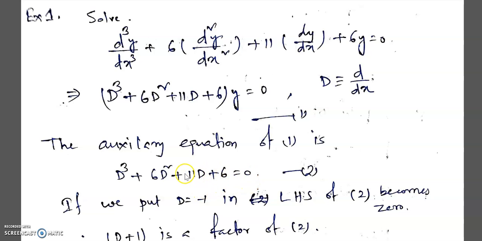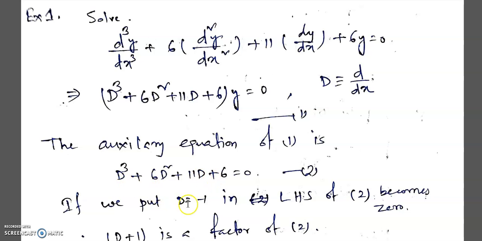Now here you need to do some algebraic calculation. You can consider this as an algebraic equation, and this is a cubic equation, and you know that by the hit and trial method we can solve it. So what does this method mean? This is f(D) equal to D^3 plus 6D^2 plus 11D plus 6.